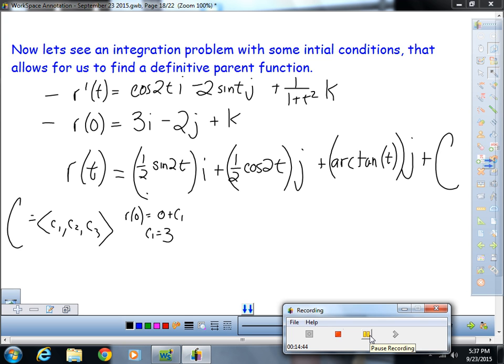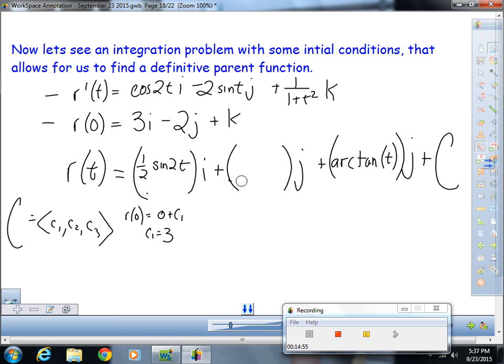Oh, hold on a second. I just did something wrong here, okay? Look, these are different. This is not right. So the integral of negative 2 sine of t should just be 2 cosine of t. Okay, you see what I did there? I read these as the same exact thing, and they're not. So let's go back to that.